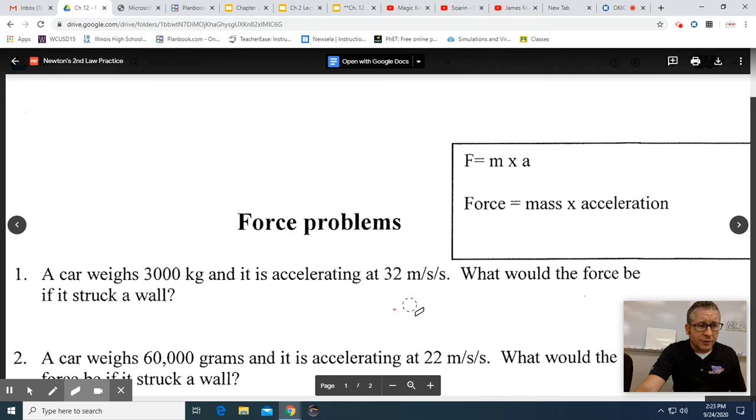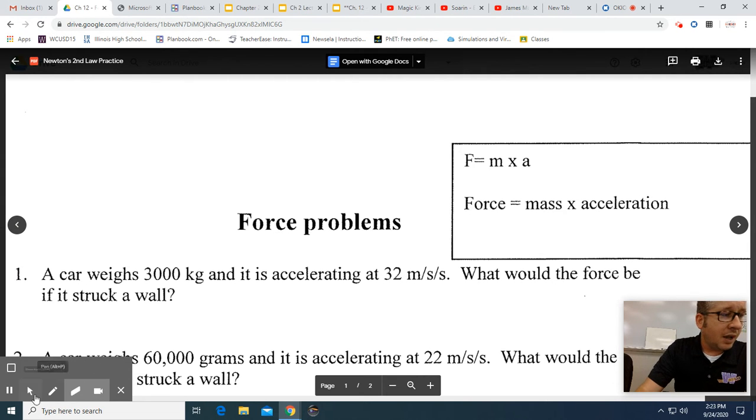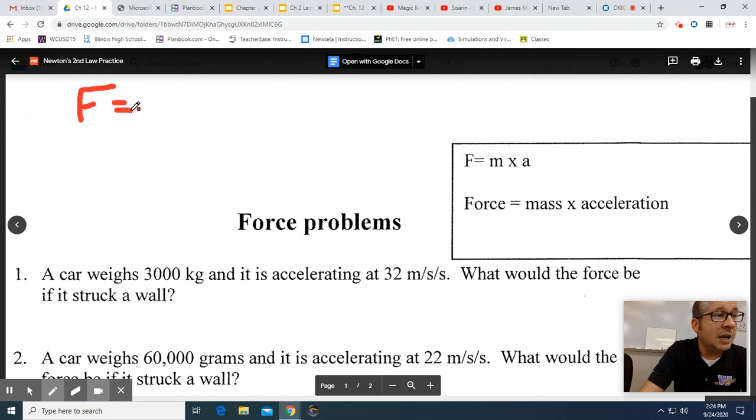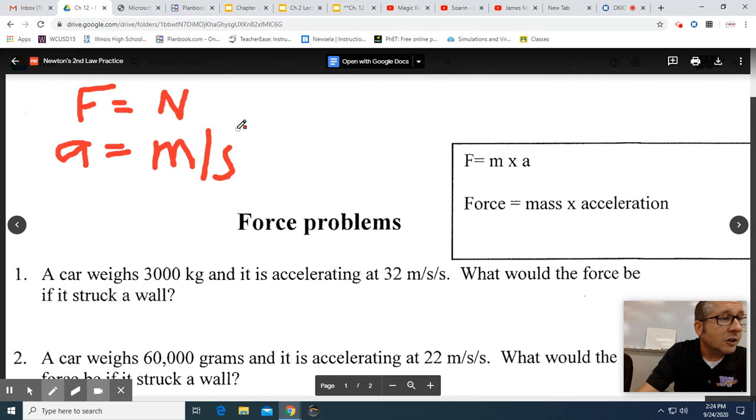First and foremost, if you look up here at the right-hand part of your worksheet, we give you the formula F equals m times a, which stands for force equals mass times acceleration. One thing you need to remember, going back to your notes, is that force is going to be in the unit of newtons, capital N. Acceleration must be in meters per second squared.